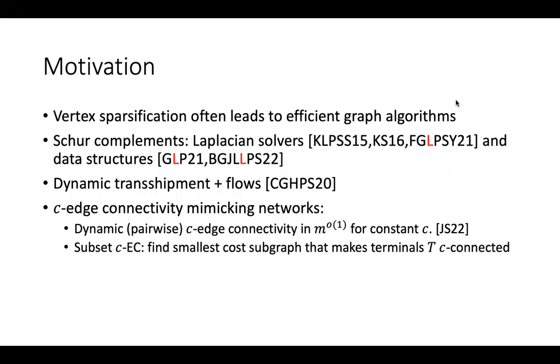Additionally, vertex sparsifiers for C edge connectivity can be used to solve the subset C edge connectivity problem, which is to find the smallest cost subgraph that makes all pairs of terminals in T C connected.